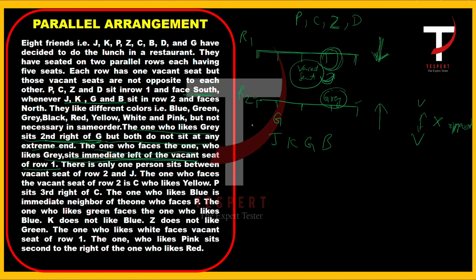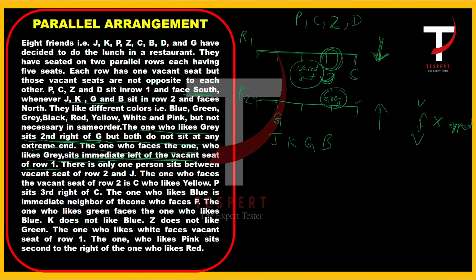So, and what is given here again? It's also given that the one who faces the vacant seat of row 2 is C, who likes yellow, and P sits third right of C. If I place C here, then P sits third right of C, right?